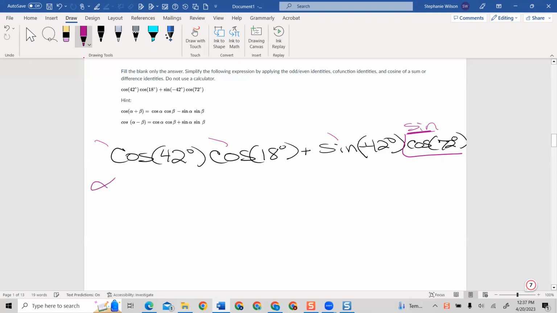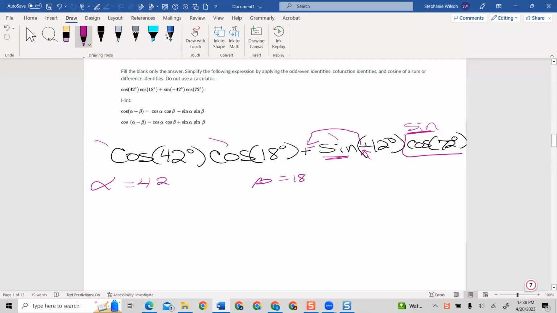I noticed that my alpha is 42 here. My beta is 18 here. Oh, I got a negative here. Since sine is odd, we're going to bring out, and I said earlier cosine is even. Cosine gives us the positive because it's even. Sine is odd, so it's going to give us the negative.